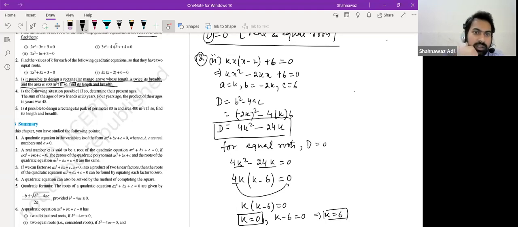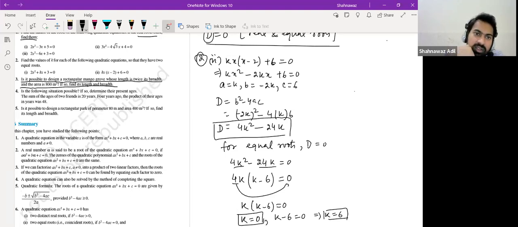Okay, so the third question is: is it possible to design a rectangular mango grove whose length is twice its breadth and the area is 800 meters square? If so, find its length and breadth. This third question is exactly like the first question.